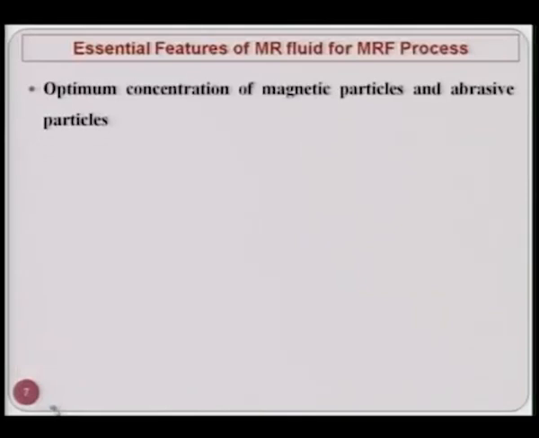Essential features of MR fluid for the magnetorheological finishing process. Optimum concentration of magnetic particles and abrasive particles is an important parameter. High yield stress under magnetic field: the yield stress of the medium should be high when the magnetic field is applied. It will depend upon the composition of the fluid as well as the strength of the magnetic field.